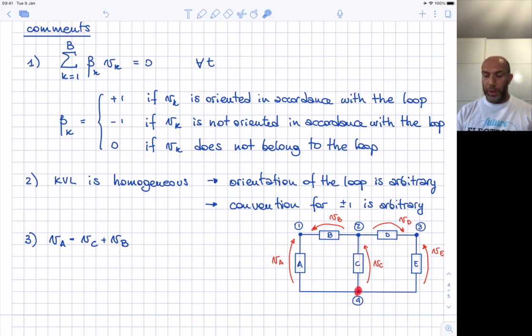Starting from the potential of node 4, we jump to the potential of node 2 using VC, and then we jump to the potential of node 1 using VB. So we may represent the potential jump between node 4 and node 1 with VA on one side or VC plus VB on the other side. So we may see the Kirchhoff voltage law as a jump of potentials.